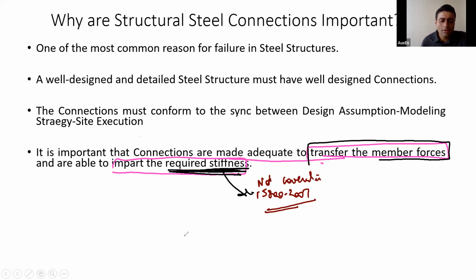So when we will be using our software, we will be covering this point. And in the software, the stiffness calculations for connections are done as per the Eurocode. So we will be using the Eurocode for that. Okay. Do we get it? This we will be doing during our course in the later sessions.